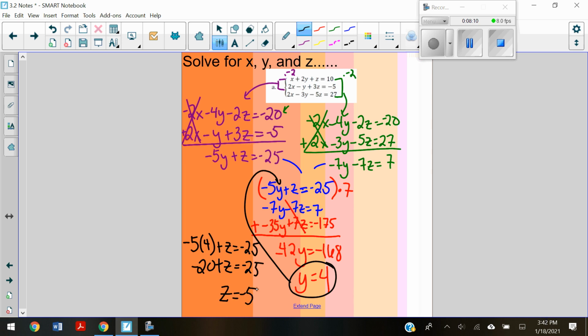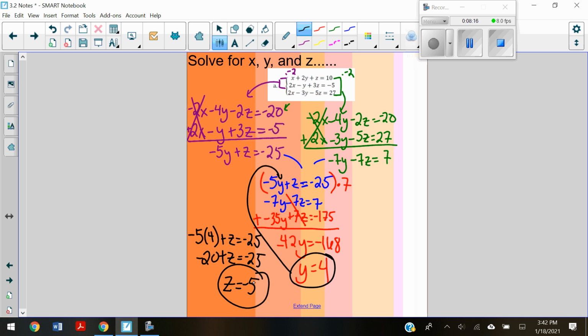Now, once you have both your y and your z, you're going to plug both of those into one of your original equations, and I'm going to pick my top equation. The reason I picked that is because it's probably the simplest one for me to look at.